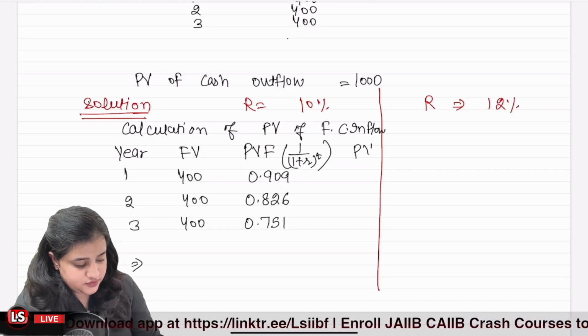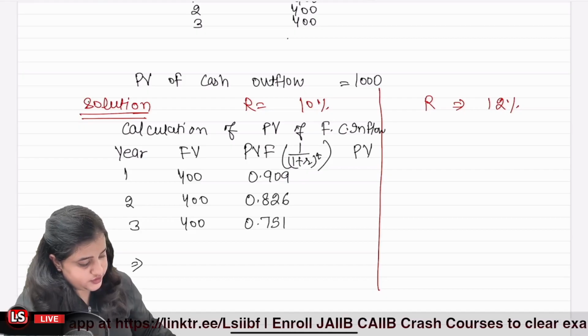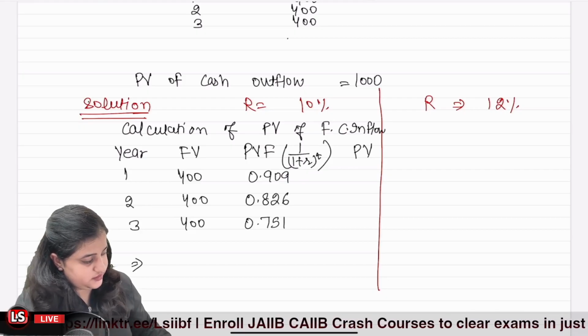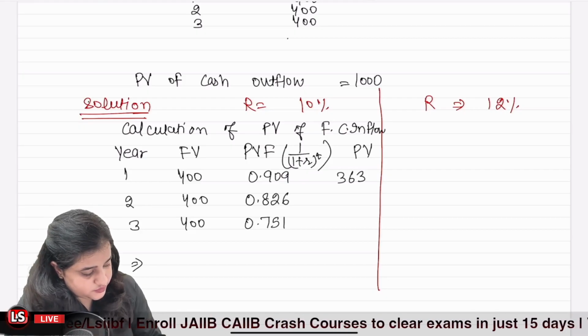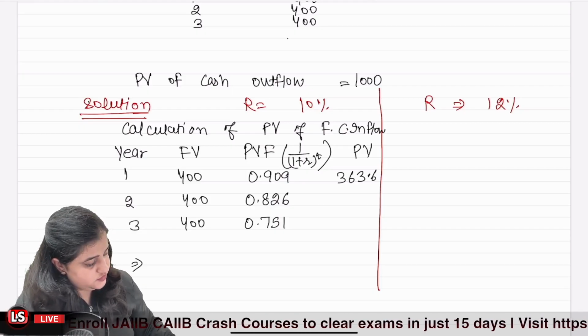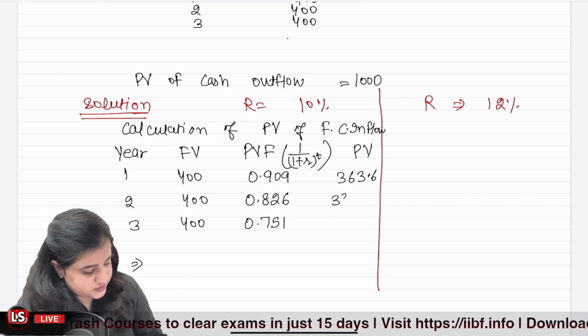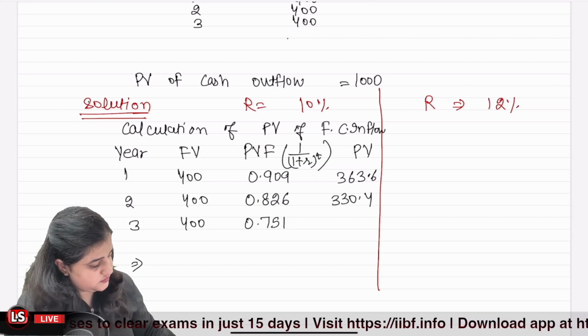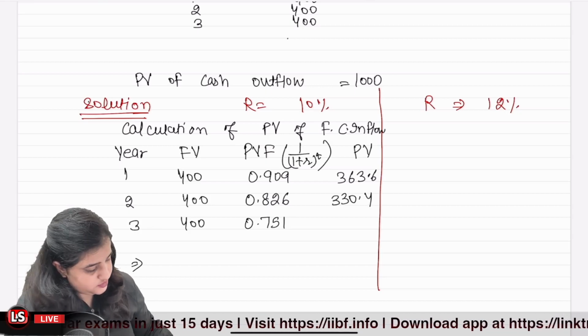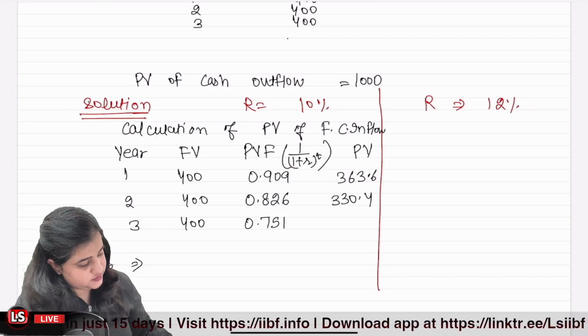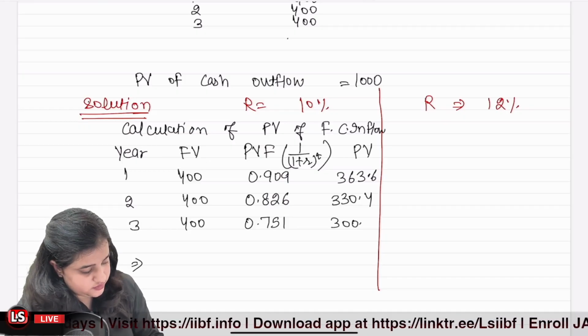And the PV will be 400 into 0.909, 363.6, 400 into 0.826, that is 330.4. Then we have 400 into 0.751, it is 300.4.